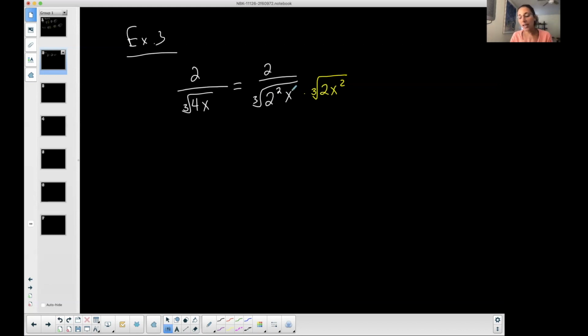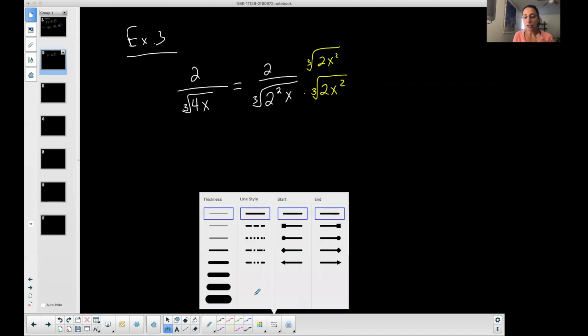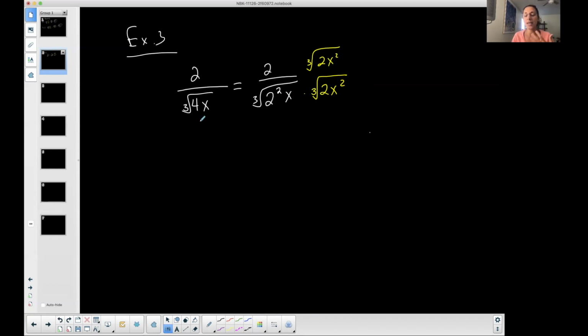So I'm multiplying the denominator here by this to create 3 2s and 3 x's, 2 to the third power and x to the third power. Whatever I do to the bottom, I have to do to the top. So I'm going to multiply the top by the same thing that I multiplied the denominator by. So I determine what to multiply by based on the amount of each that I need.